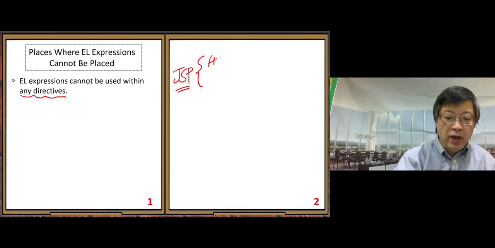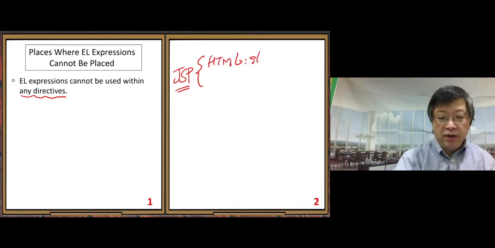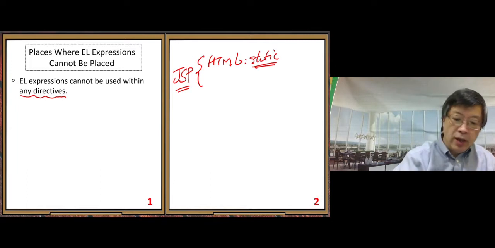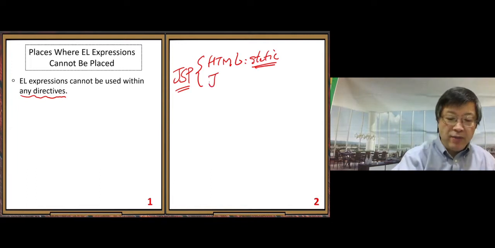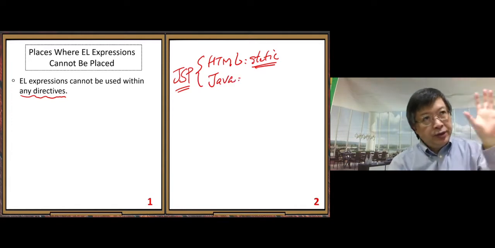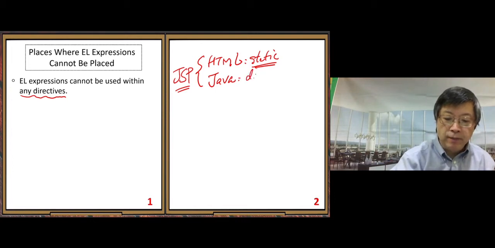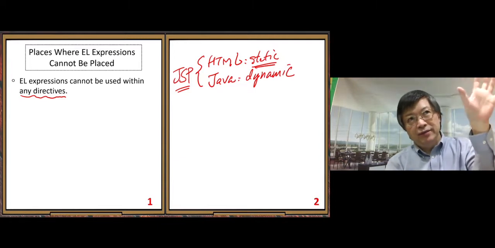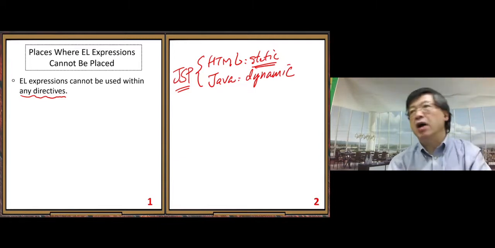The first one is the HTML environment, because that's the usual static part. The other environment is the Java environment, where we embed Java code to do the dynamic content. We need to maintain these two different environments.